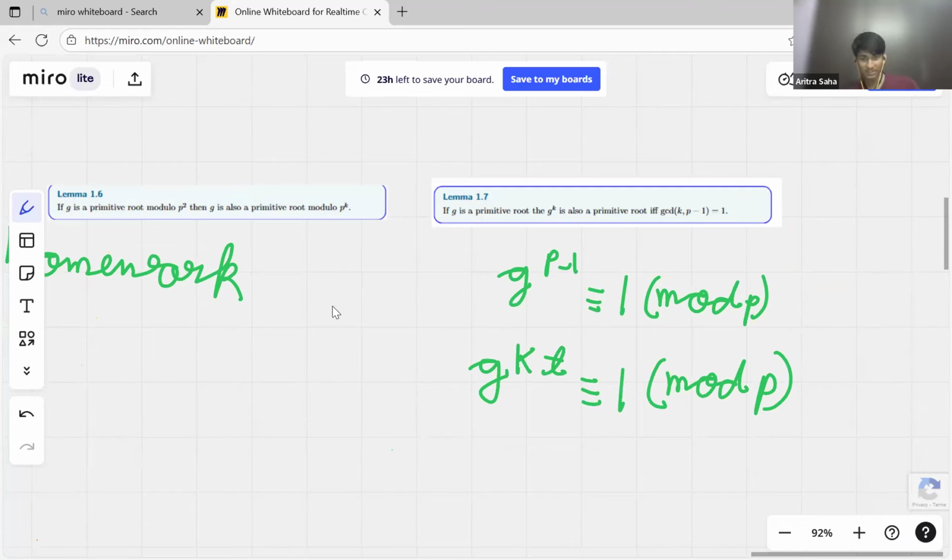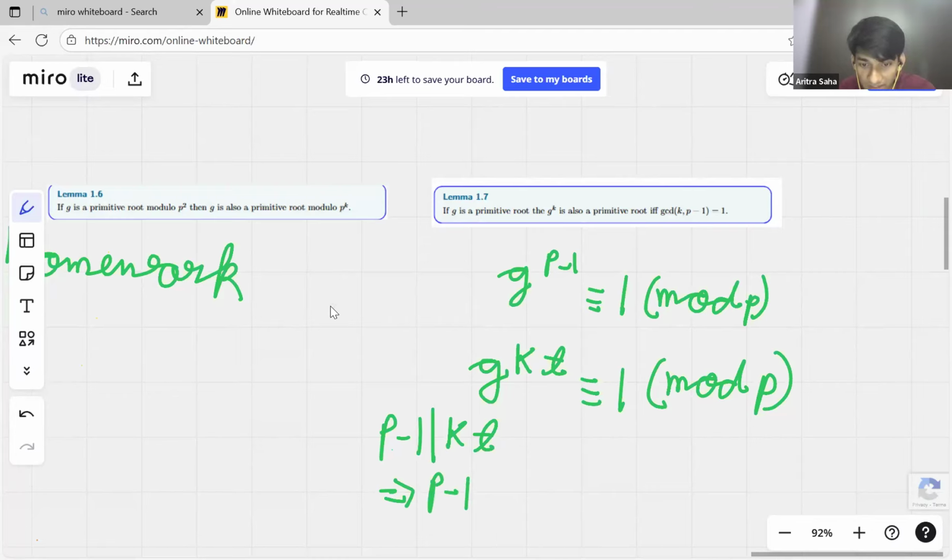That just means that p minus 1 has to divide kt, but p minus 1 is coprime with k.